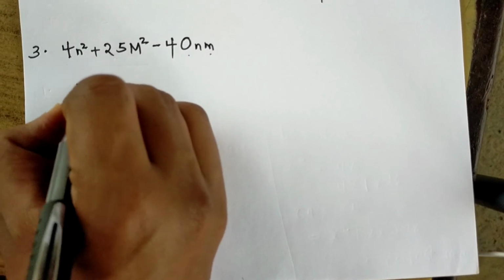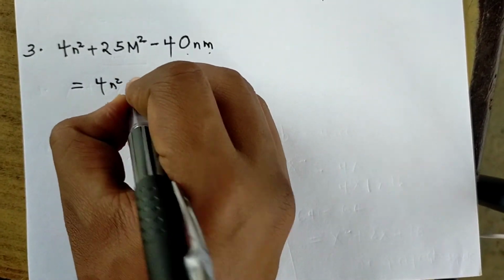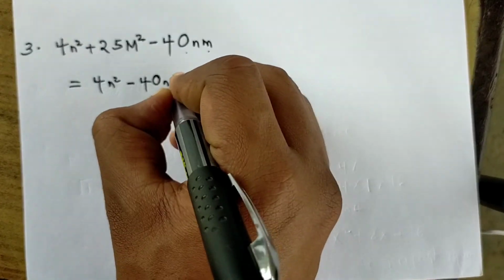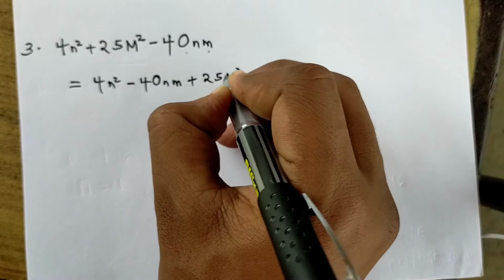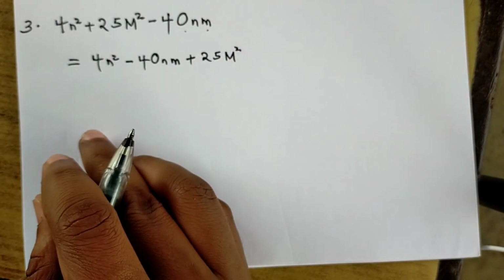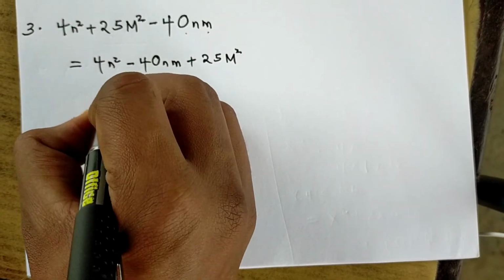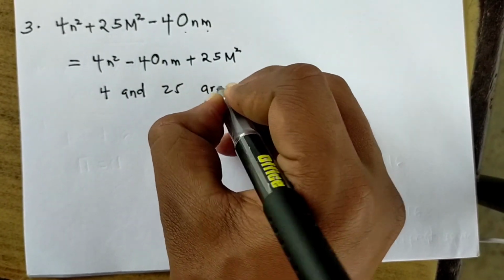How can we do this? This way: 4n square minus 40nm plus 25m square.